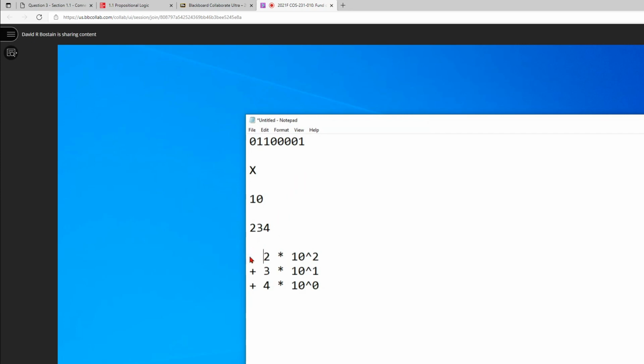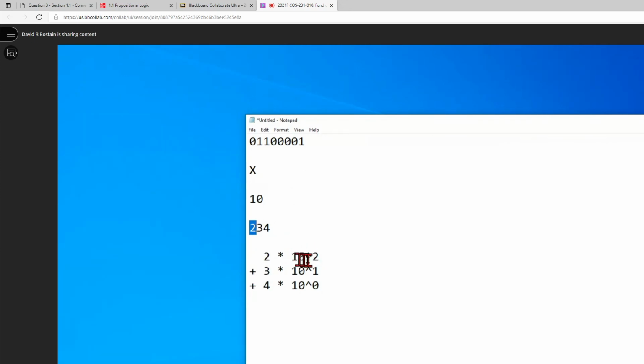So positionally, we can determine by starting on the right-hand side and calling that base to the 0, base to the first, base squared, base cubed, base to the fourth, and so forth, and then simply sum up, when we're done, the results we would get.